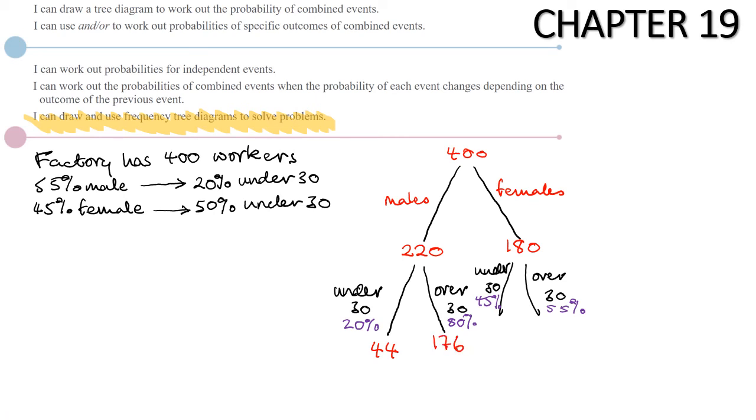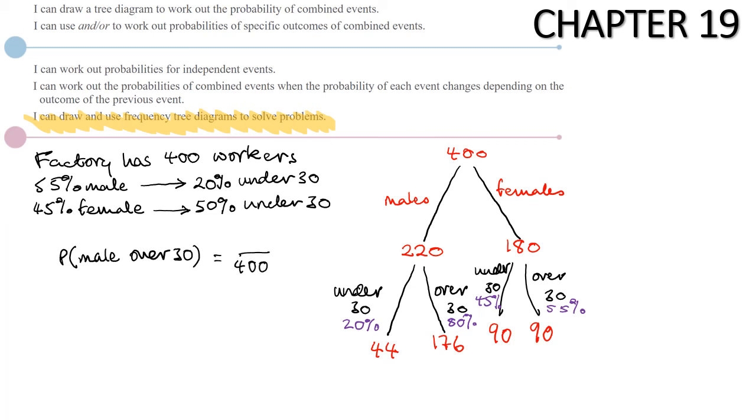Then for the females, I need to work out 50% of 180, well that's 90, and 90 here, yeah? Now once I've got that information, I could just work out probability. So for example, I could work out the probability, let's say that a male is over 30. Well, there are 400 people altogether, so it's out of 400.